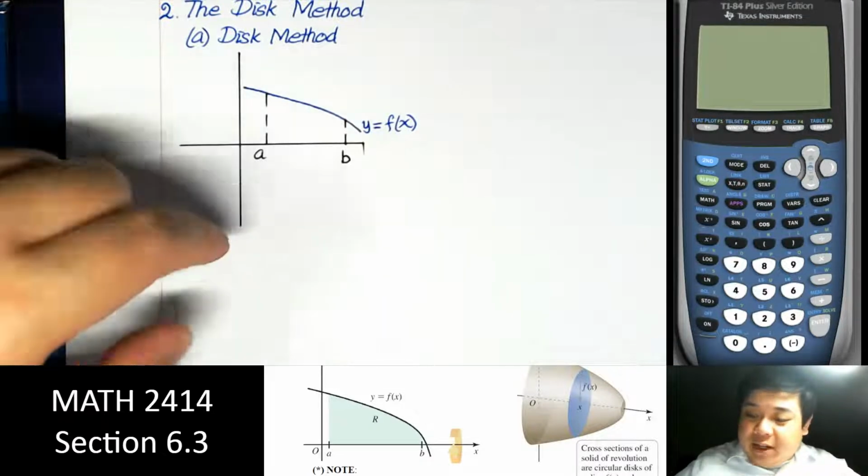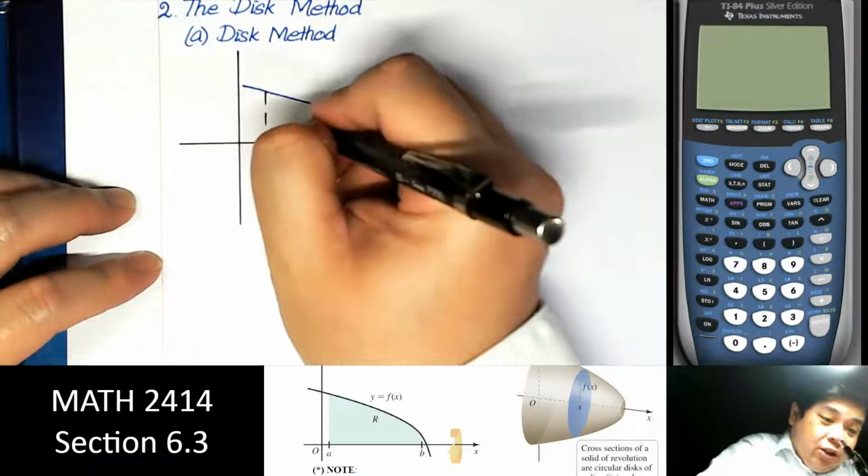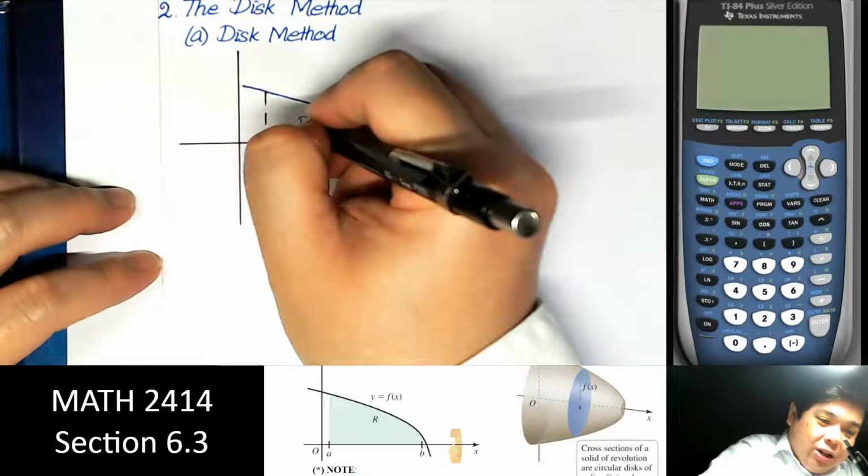Let's say we have this region. I'm not going to mark everything, so that is the light region.